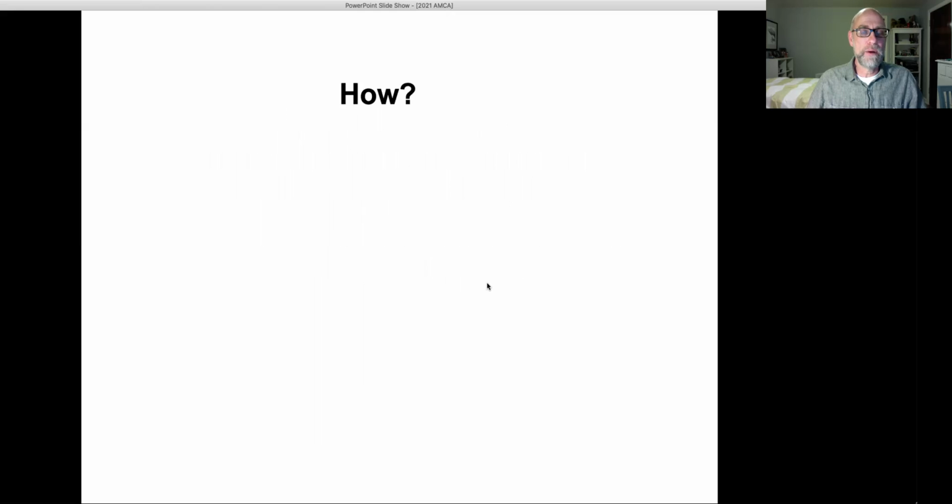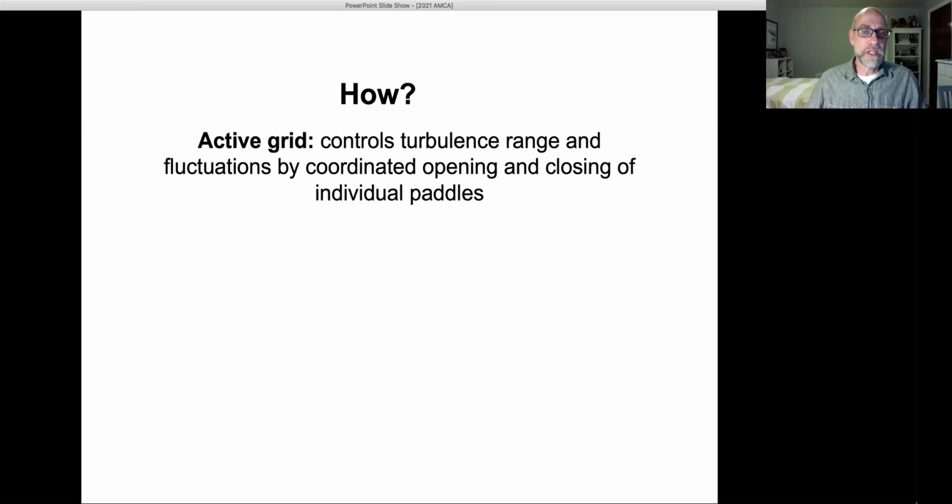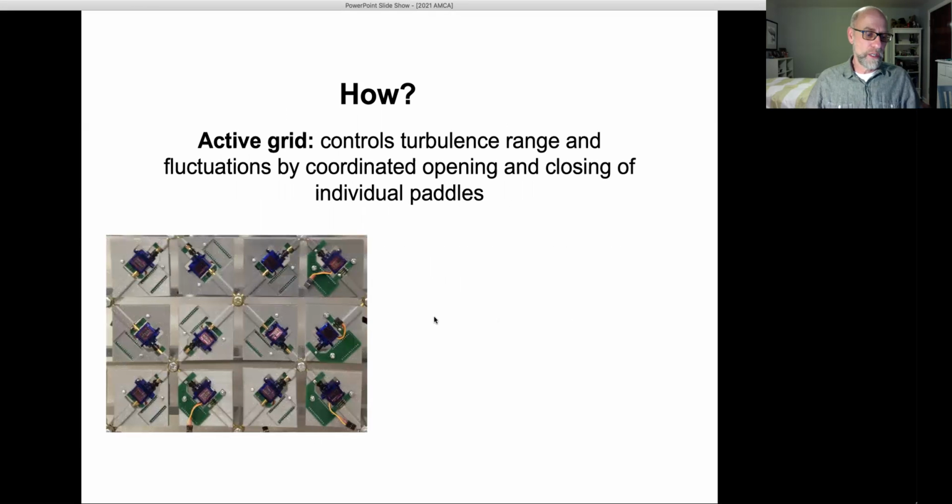So how are we going to do this? Turbulence is chaotic. How can we recreate and control turbulence in a wind tunnel? We are using what's known as an active grid, and the active grid controls turbulence range and fluctuations by coordinated opening and closing of individual paddles.